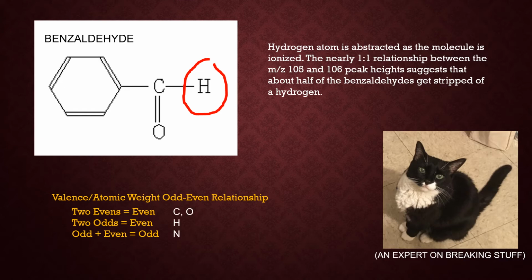So if you have 2 evens, you get an even-valued M to Z, namely even valence and even atomic weight gives you an even M to Z. 2 odds likewise give you an even value, and we'll see what I'm talking about shortly. And then an odd and an even combine to give you an odd. So we'll start to see why this is so in the next slide.